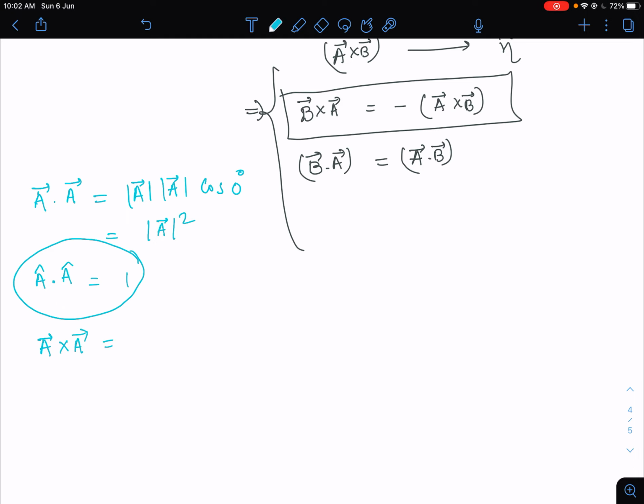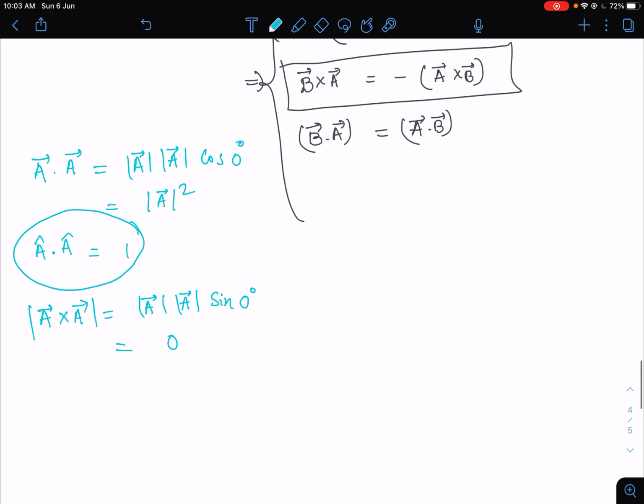Now what about the cross product of A with itself? The magnitude of this cross product is mod of A times mod of A times sine of the angle between A and itself, that is 0 degrees, but sine 0 you already know is 0. So the cross product of A with itself is 0.